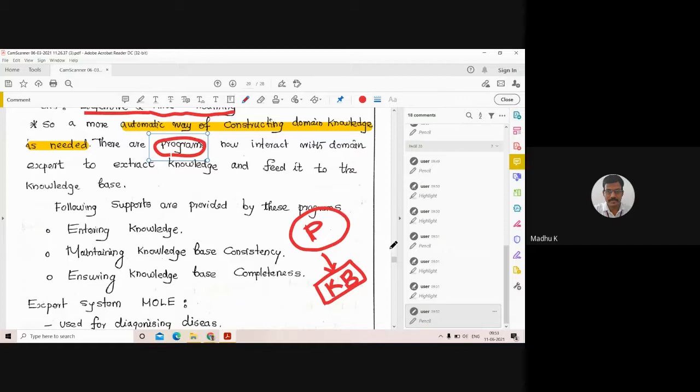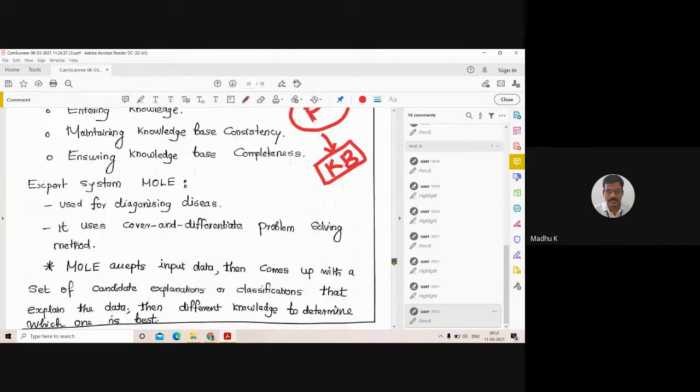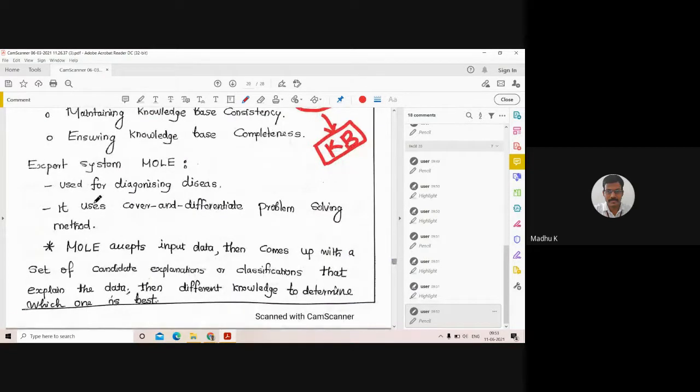For explaining that, we are using the expert system MOLE. What is MOLE? MOLE is a medical expert system used for diagnosing a disease.